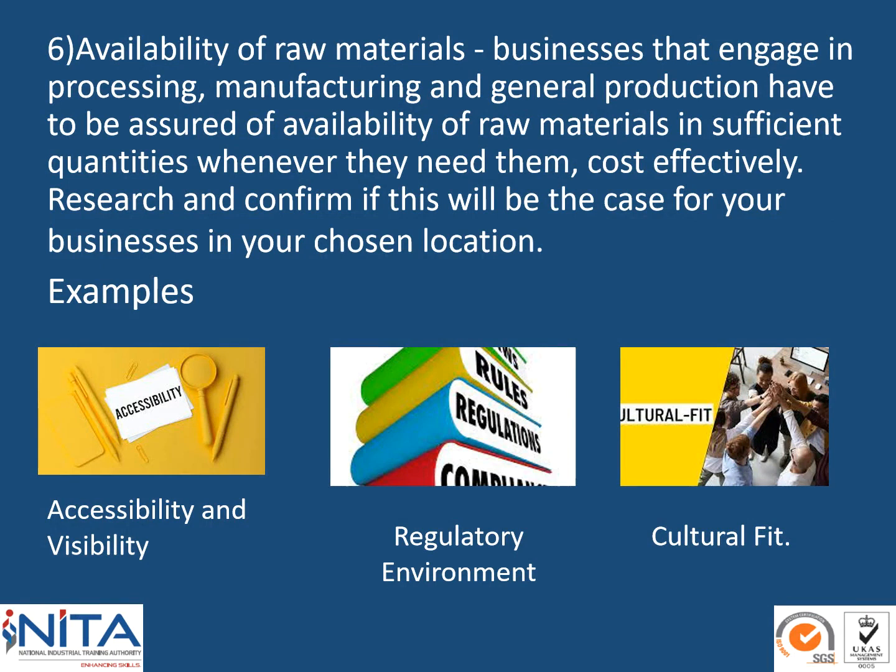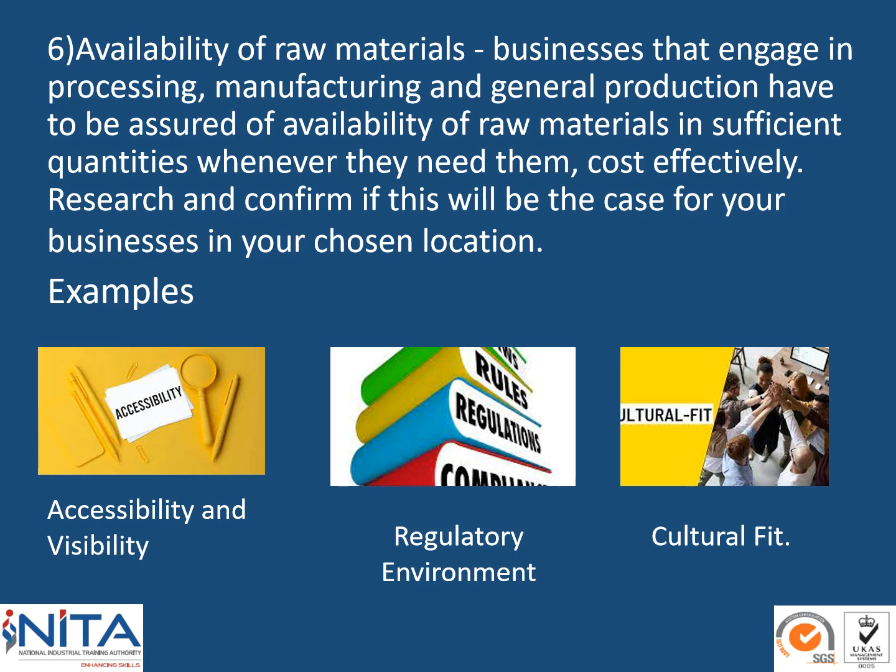Availability of raw materials. Businesses that engage in processing, manufacturing, and general production have to be assured of availability of raw materials in sufficient quantities whenever they need them. Research and confirm if this will be the case for your business in your chosen location.